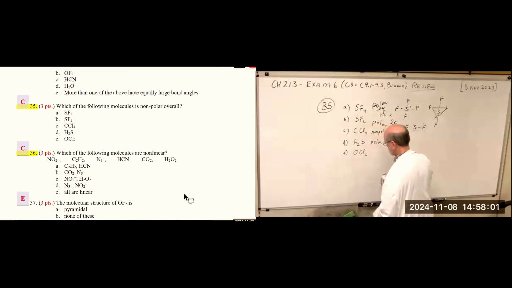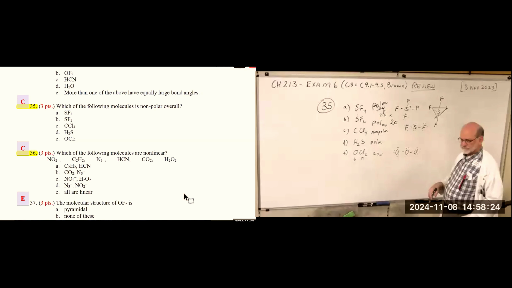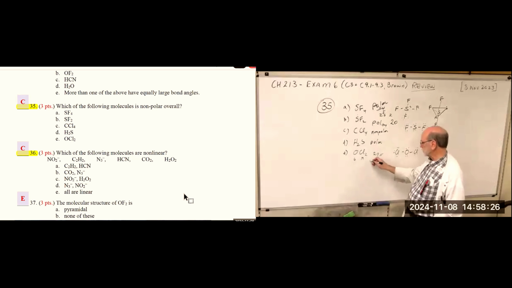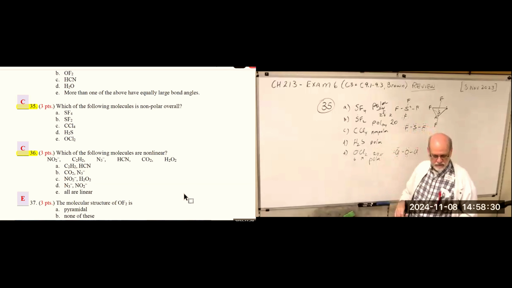And OCl2, right, 6 plus 2 times 7 is 14, 20. I think we're going to end up like this one. 2, 4, 6, 8, 10, 12, 14, 16, 18, 20. Yep, so this one's bent also, and it's polar. The non-polar one is carbon tetrachloride.